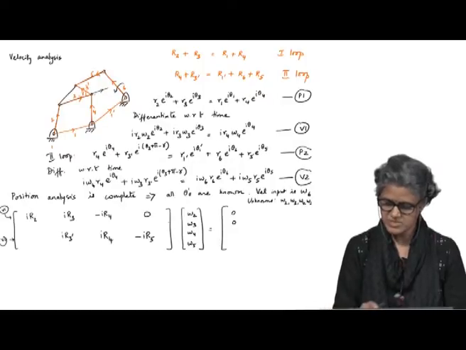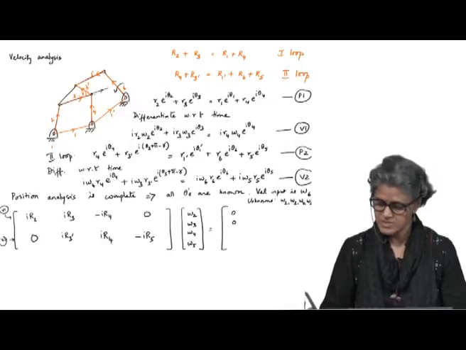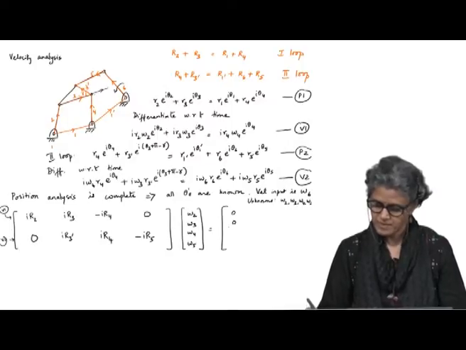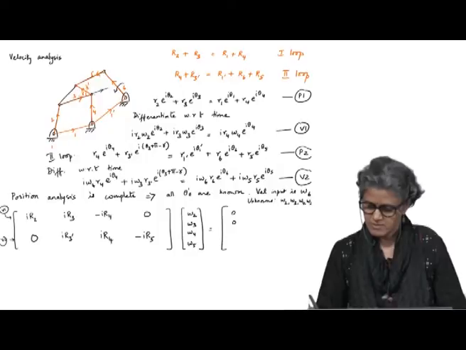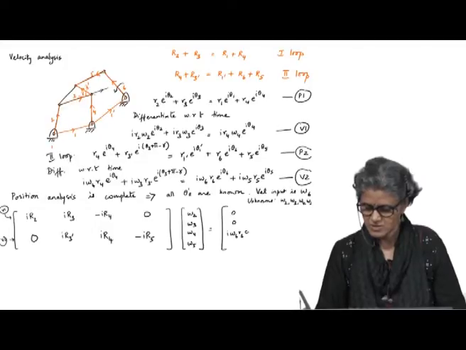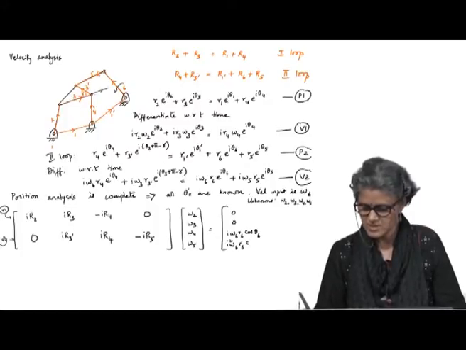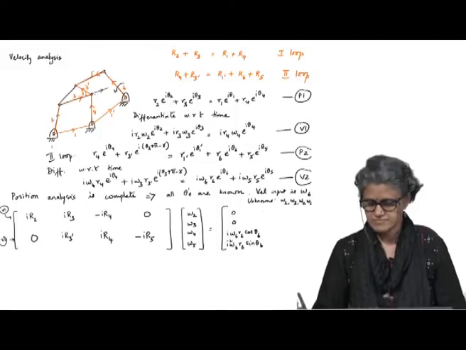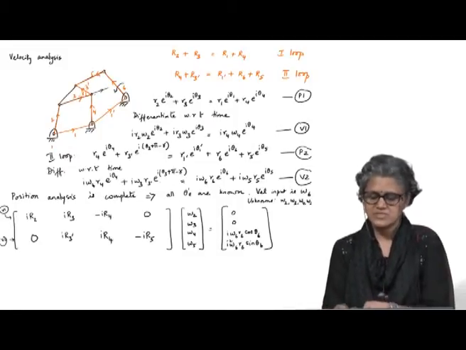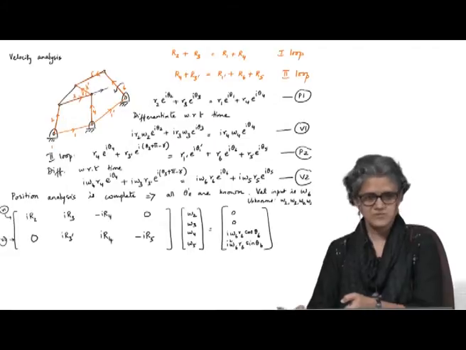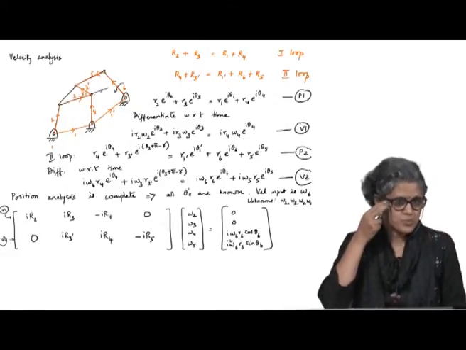When I bring this to this side, there is no omega 2 term, and on this side I will have i omega 6 R6 cos theta 6, i omega 6 R6 i squared omega 6 sin theta 6. Okay, when I expand each of these, it gives you 2, right.